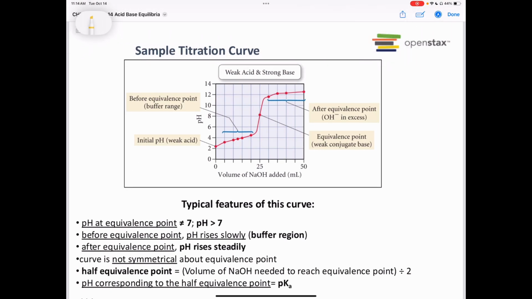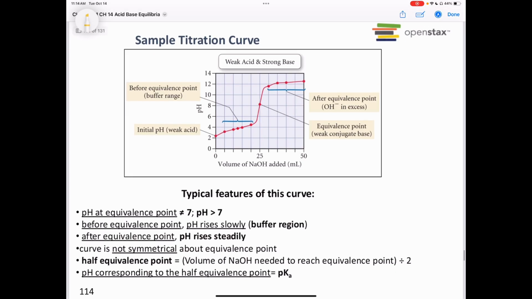And so what does our titration curve look like for the titration of a weak acid with a strong base? Well, you can see that we start out with a low pH and the pH increases slowly because we haven't neutralized all of the weak acid yet. And so until we neutralize all of the weak acid, we are in the buffer range at the very beginning.